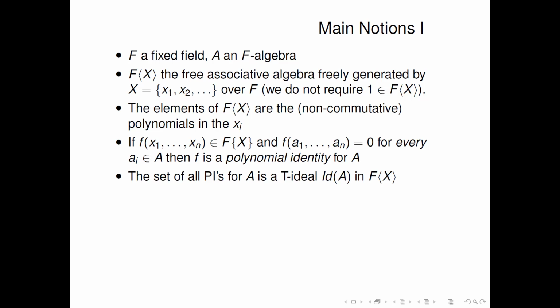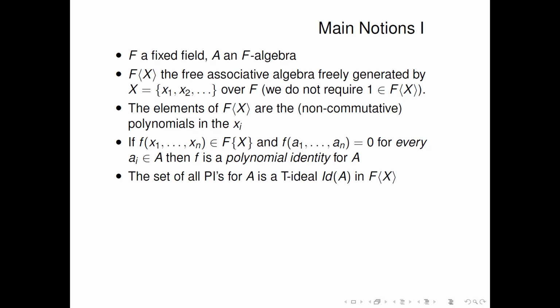This means that if you have an element f in the ideal of identities, then you substitute the x's by some polynomials from the free associative algebra. But when you substitute elements of A, you get another element of A. That's why it is closed under endomorphisms.